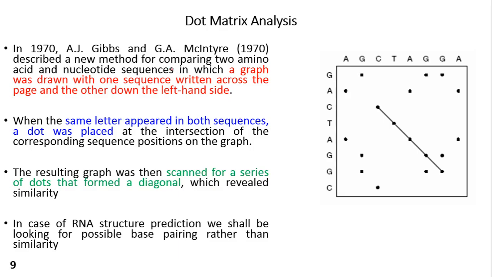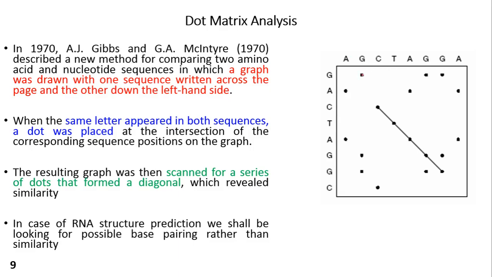In their method, what these guys did is that they represented a graph that was drawn with one sequence written across the page and the other sequence written on the left hand side. Whatever contact matrix is generated in such a way, wherever the same letter appeared in both the sequences, a dot was placed, as shown over here.